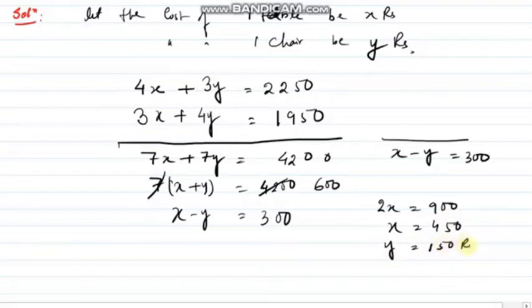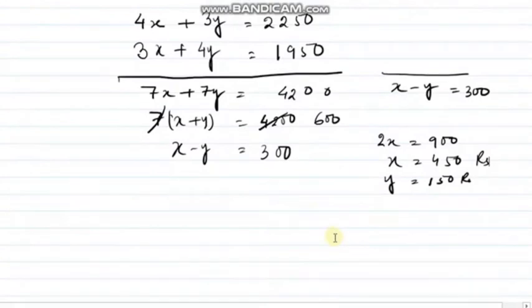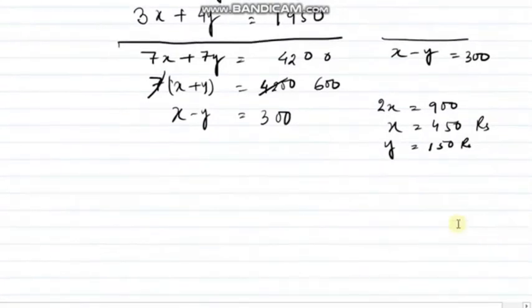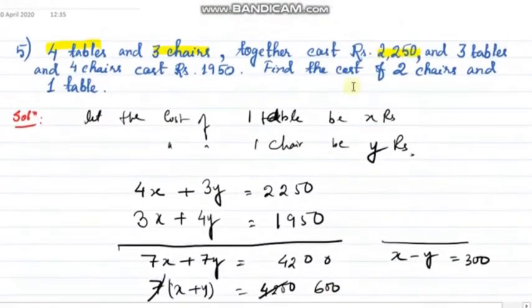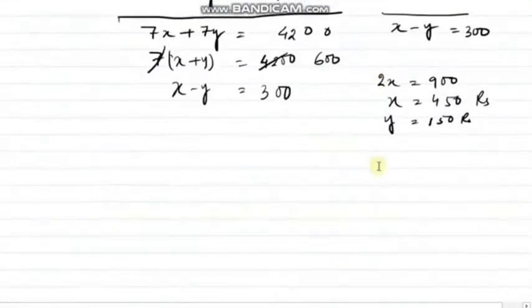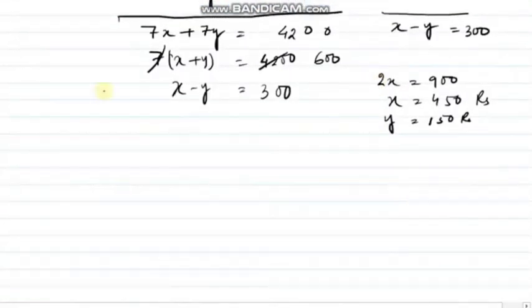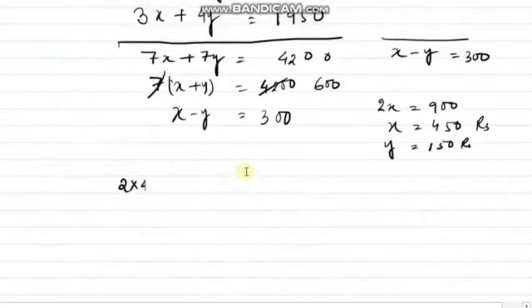150 rupees. Many times you will leave the sum over here because you will think that you got your x and y, and your job is done. No, please check. The sum is not done. They are still asking in the sum, find the cost of 2 chairs and 1 table. So what will be the cost of 2 chairs and 1 table? 2 chairs will cost 2 into, what was the cost of the chair?